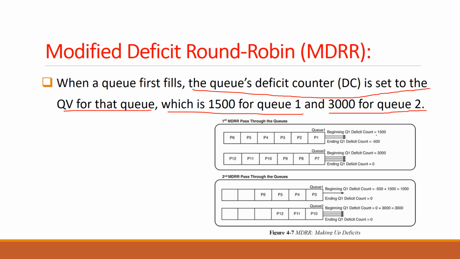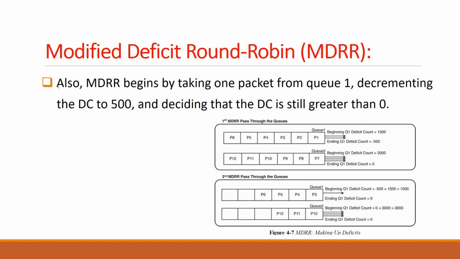MDRR begins by taking one packet from Q1, decrementing the deficit counter to 500, and deciding that the deficit counter is still greater than 0.